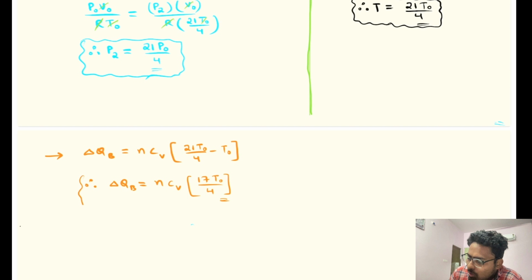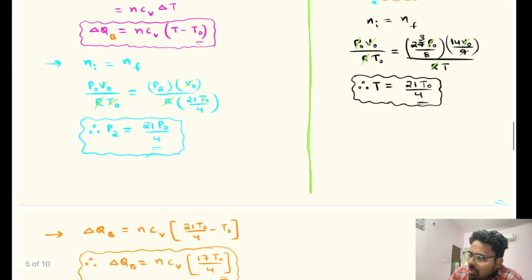For further simplification in terms of P naught V naught, I can use one more important concept. Gamma is Cp by Cv for any ideal gas.